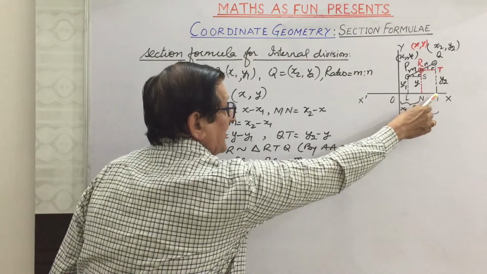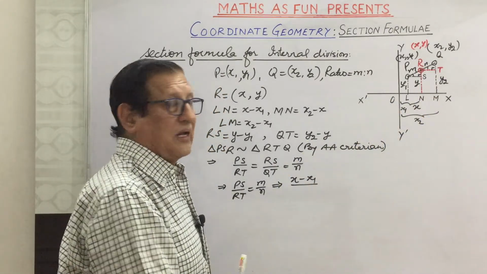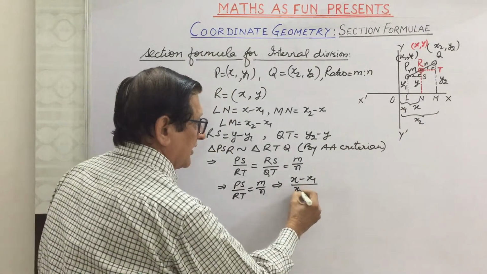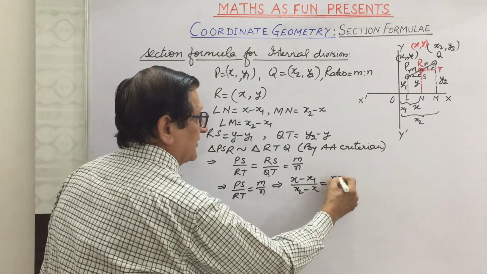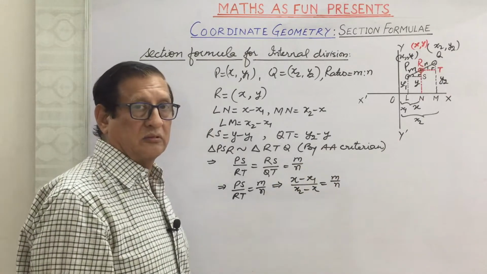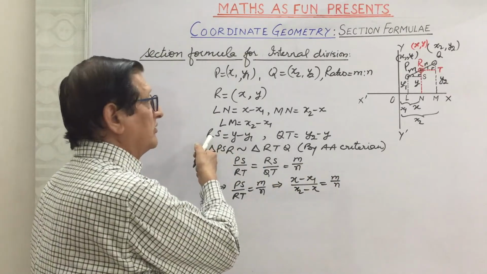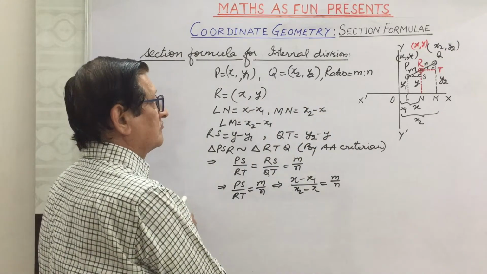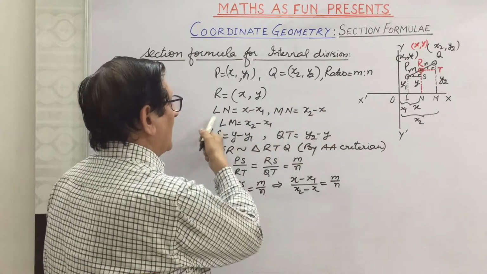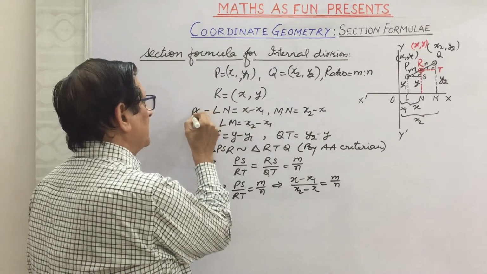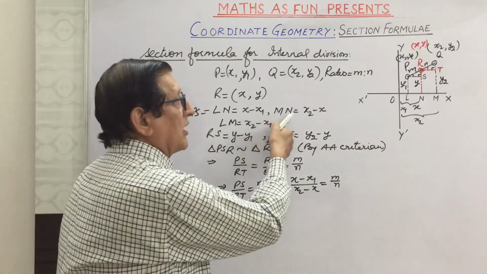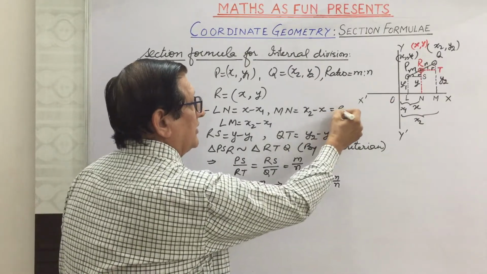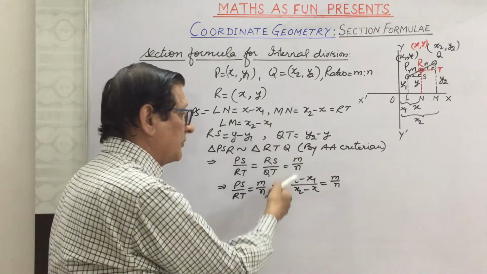RT is same as MN, and that is equal to x2 minus x, that is equal to m upon n. We can also write here that LN is equal to PS. We can write here MN. MN is equal to RT. So that we can apply them here.